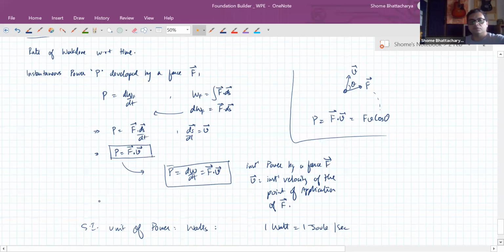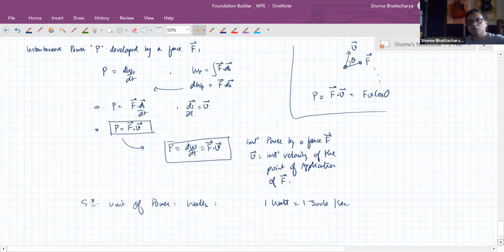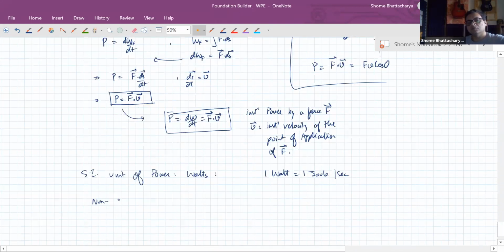There is also a non-standard unit of power, which is from the old British system, which is still used in automobile engineering, and that is the horsepower, or sometimes also called BHP, British horsepower.